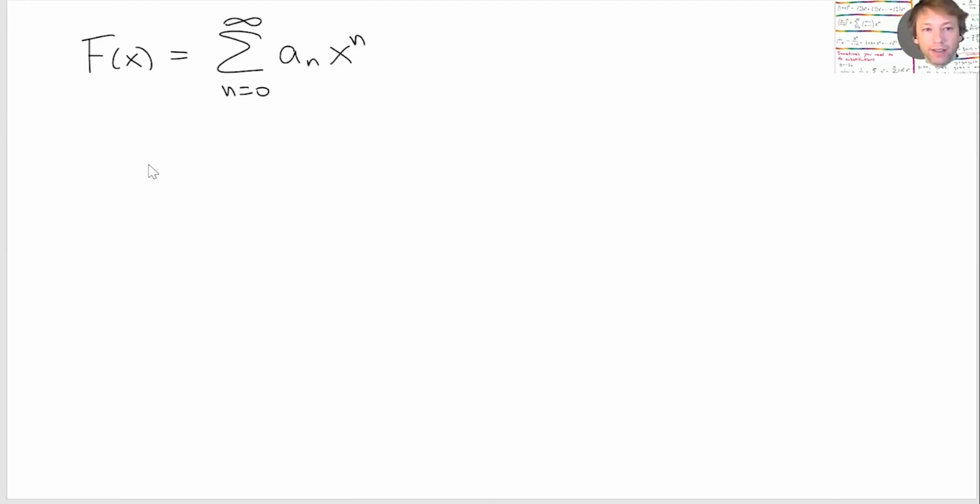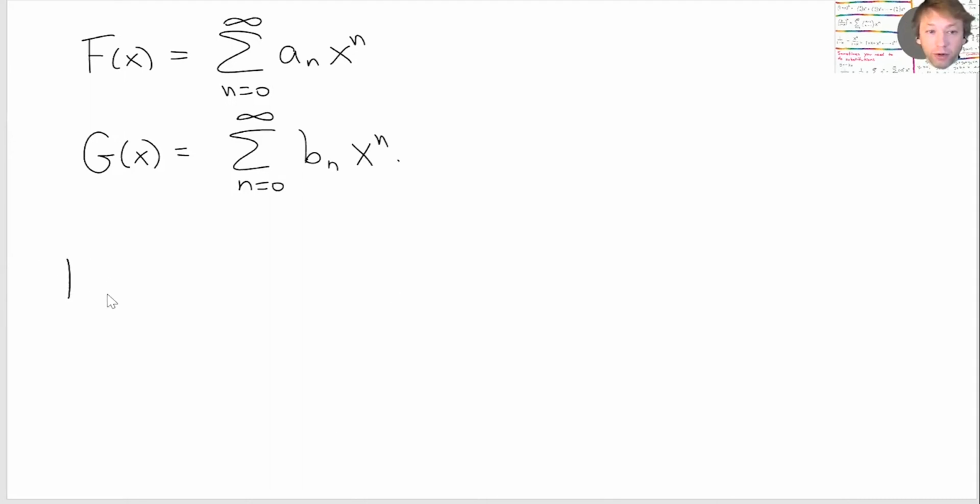I'm using this proposition that, let's say f of x is the sum from n equals 0 to infinity of a_n x to the n, and let's say that g of x is the sum n equals 0 to infinity of b_n x to the n.